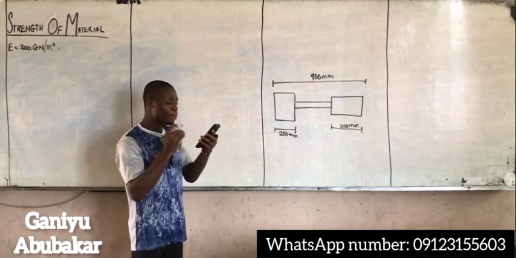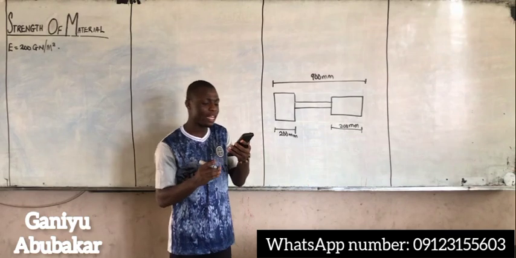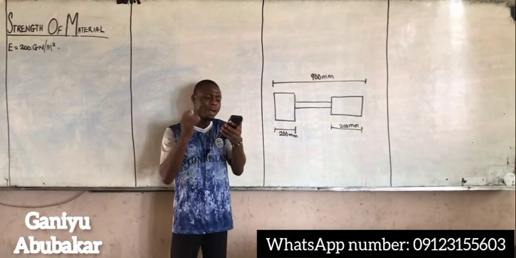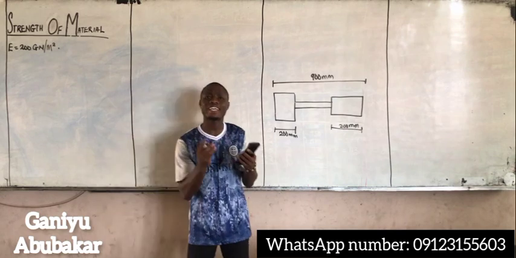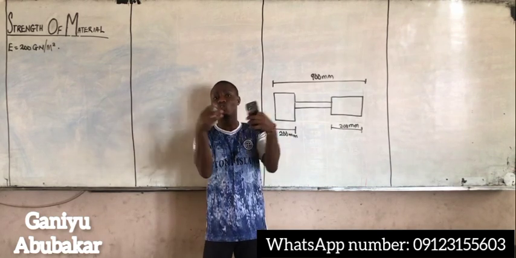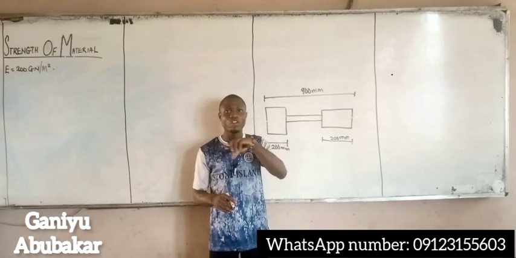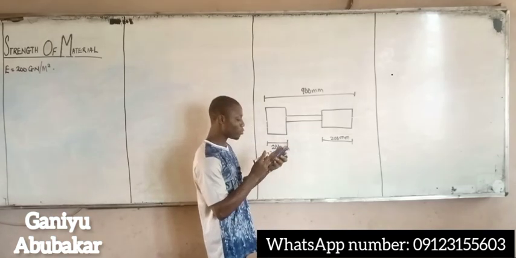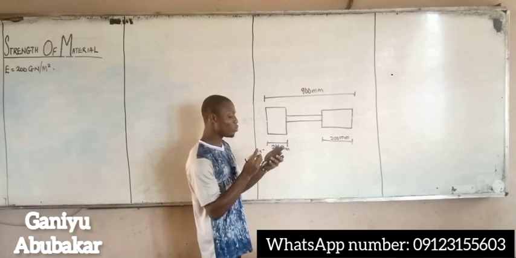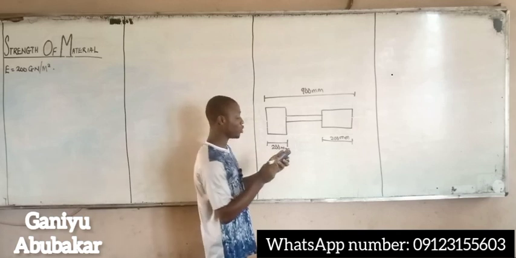So the middle portion of the bar is 15 millimeter in diameter. If the bar is subjected to an axial tensile load, for tensile, are the arrows going outward or inward? They are going out. So the bar is under tension, with a tensile load of 15 kilonewton.